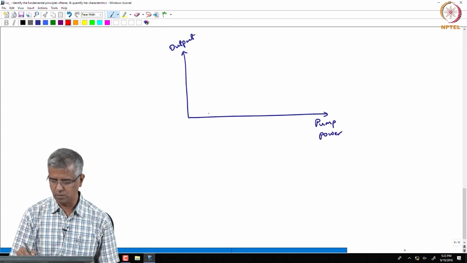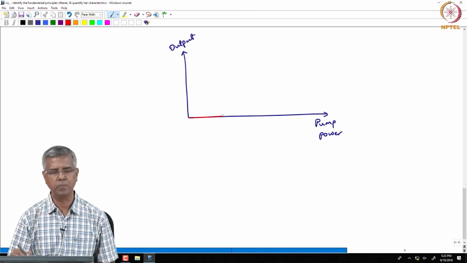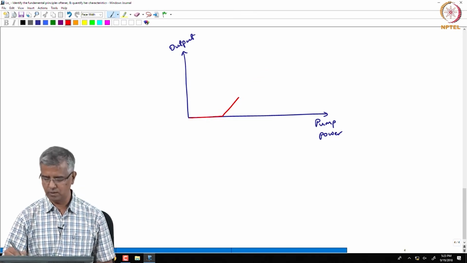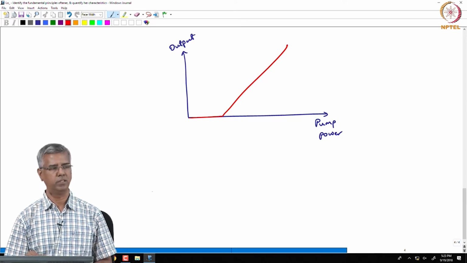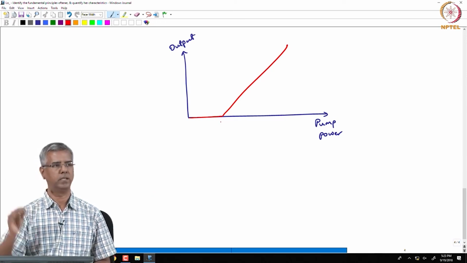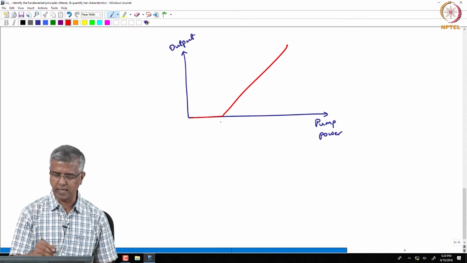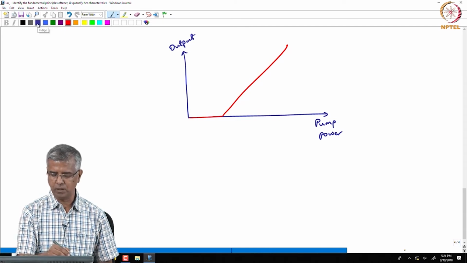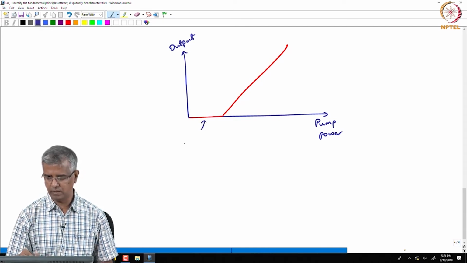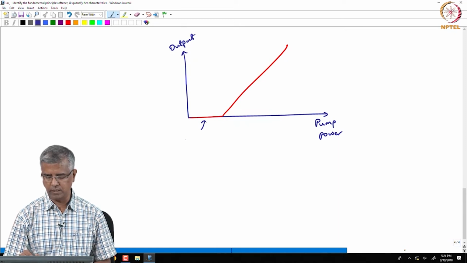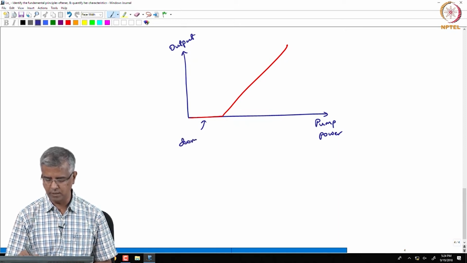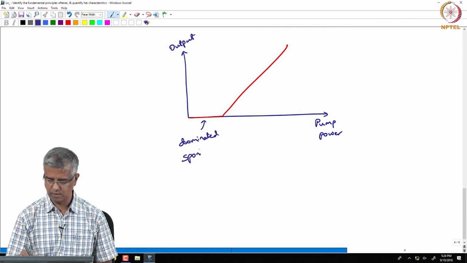What we are saying is that output is going to be fairly low. Beyond a certain threshold, it is going to pick up in terms of the output power. And so, what exactly is happening over here? This region is essentially dominated by what process? By spontaneous emission.